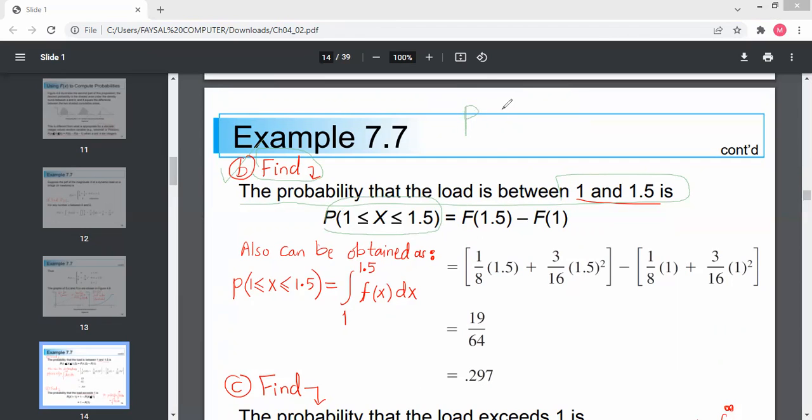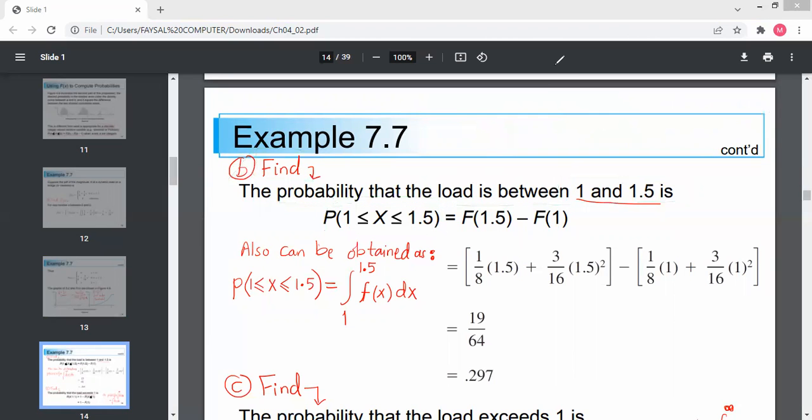I have to find the probability of X having upper limit less than or equal to 1.5 and greater than or equal to 1. This means the value will be f of 1.5 minus f of 1. So I have to find the upper limit and lower limit respectively.